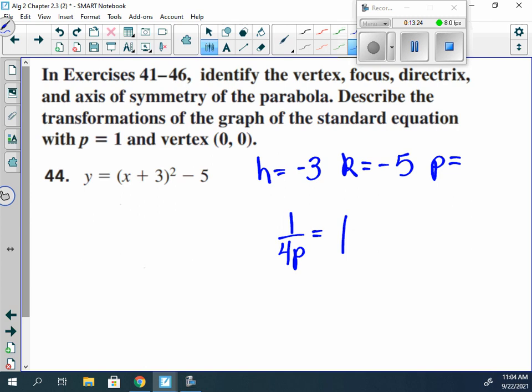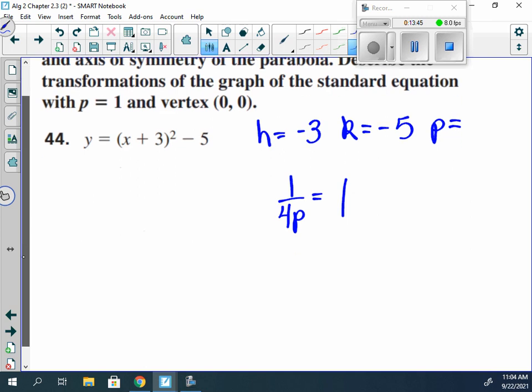Exactly, 1. Because the 1/4p's location is in front of those parentheses squared. Do we have a number specifically written there? No. So it's understood to be 1. If a number is not written in front of a variable or parentheses, it's understood to be 1.